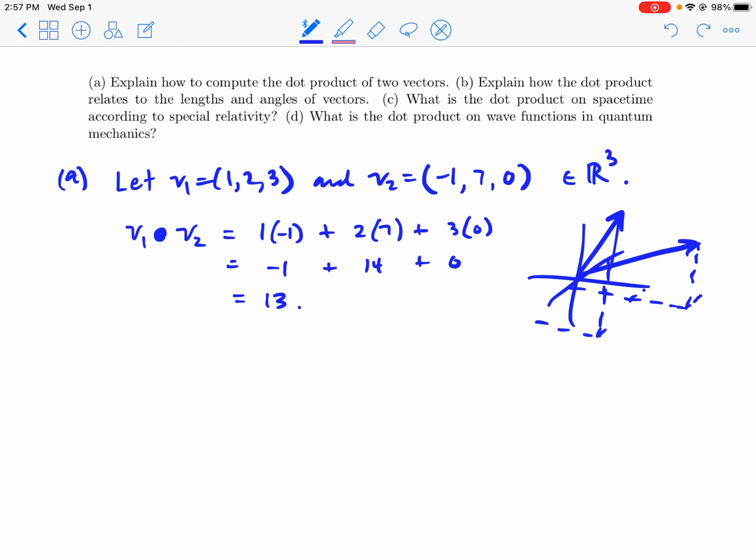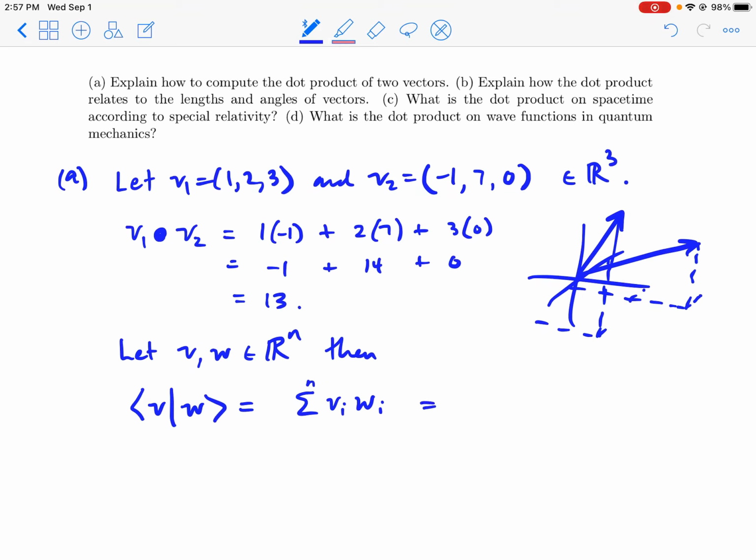So in general, the dot product: let V and W be elements of Rn. Then the dot product, let's write it a different way now, is equal to the sum of the Vi's times the Wi's. There are n terms in this sum, so it's literally V1 times W1, the first components, plus V2 times W2, plus, the last term is Vn times Wn.